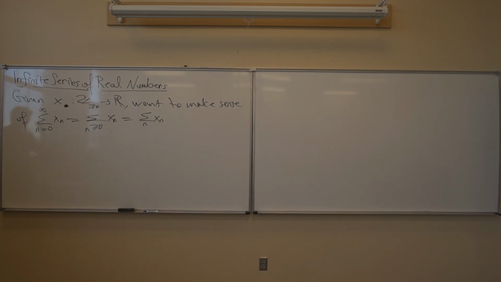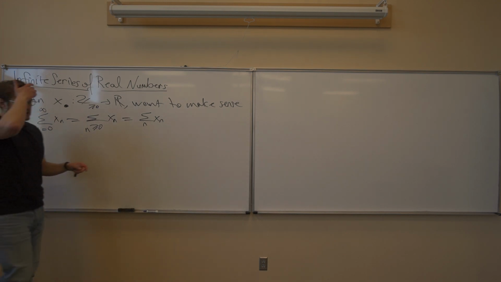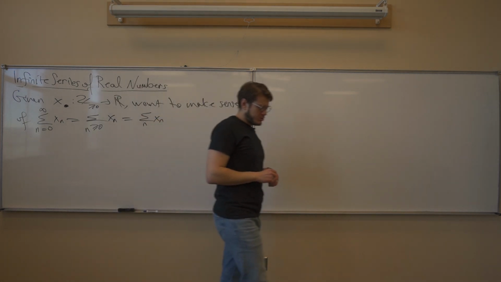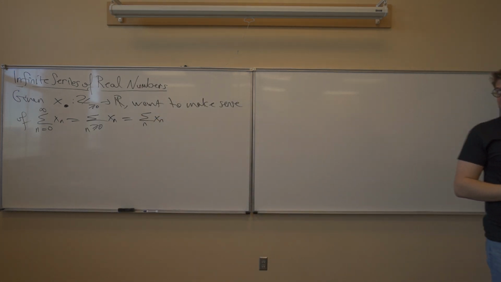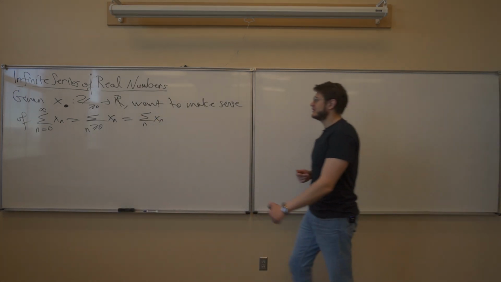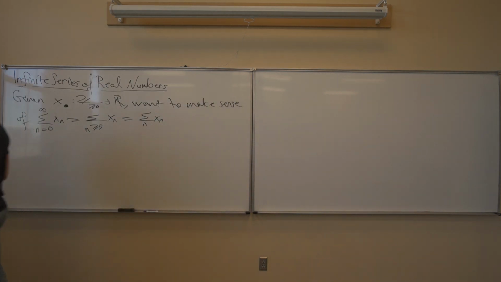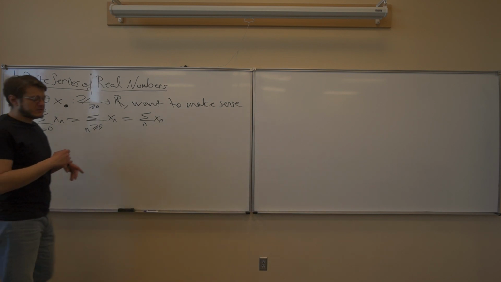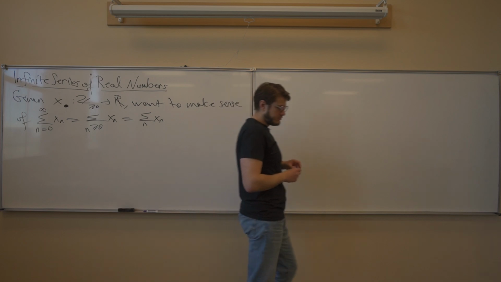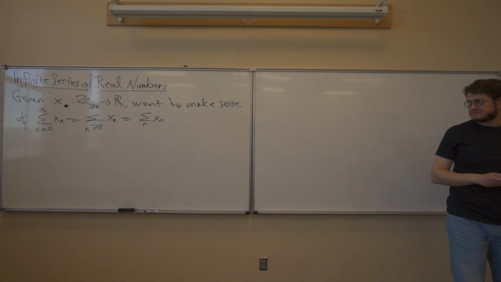But in any event, we want to make sense of this. And I hope by this point, you have this idea that whenever you see the symbol infinity, that means that there's a limit involved. And on Wednesday, we had talked about how, given a sequence, you can sort of discrete integrate it or discrete differentiate it.